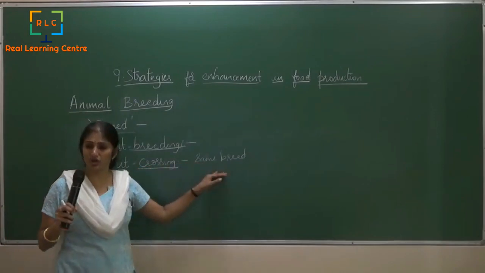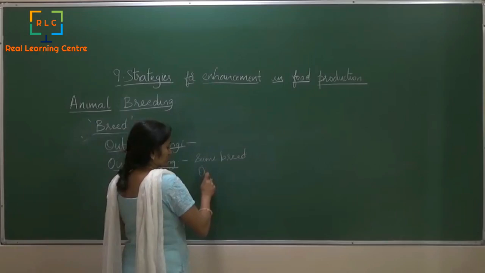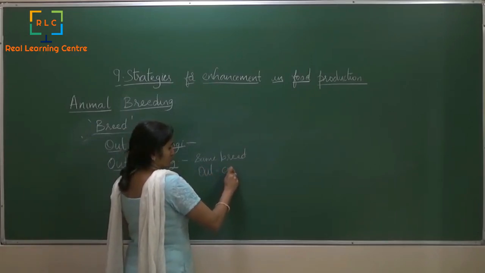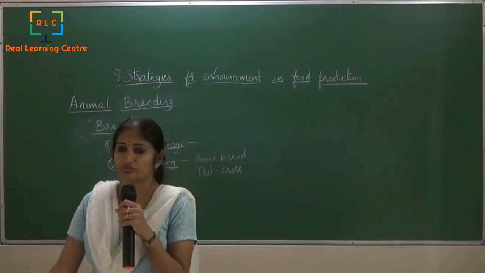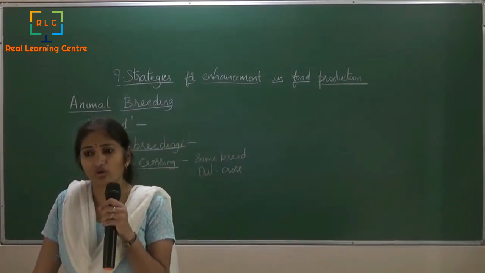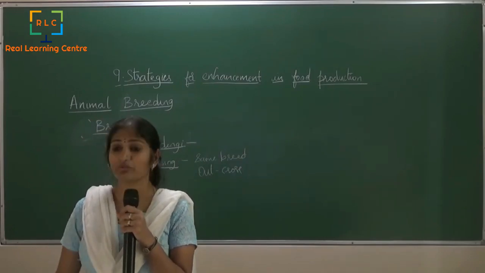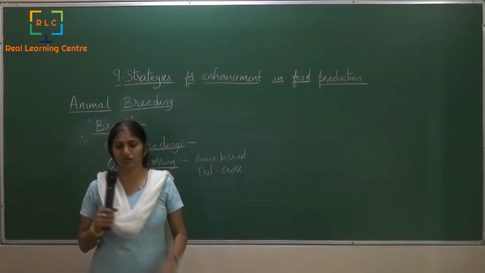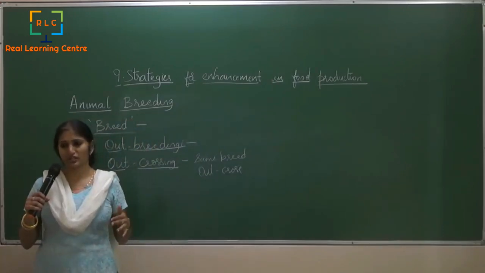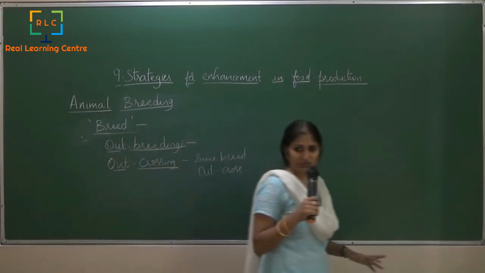Okay. Now after we do the cross, we get the progeny, right? That progeny is called as outcross. We call them as outcross. Now we have lot of animals, which are all below average in milk production or beef production and so on. Okay, they're all below average. Now just because they're below average, we cannot kill those animals, right?